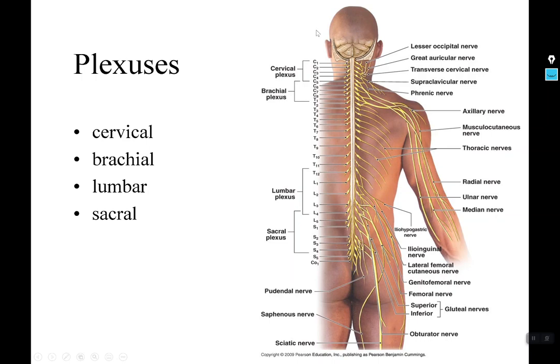One thing to consider clinically, as far as relevance, is if you have a spinal cord injury and it's severe enough, one thing you'll have to worry about is knowing the plexuses and knowing the ventral ramus innervations for those plexuses, and therefore what senses or motor functions would be affected by that particular level of spinal cord injury.